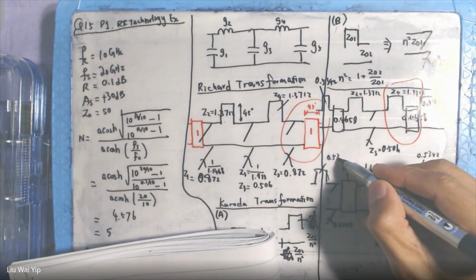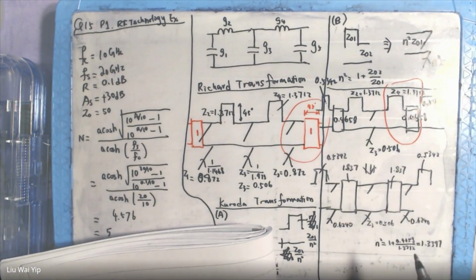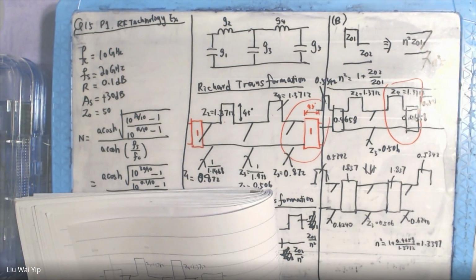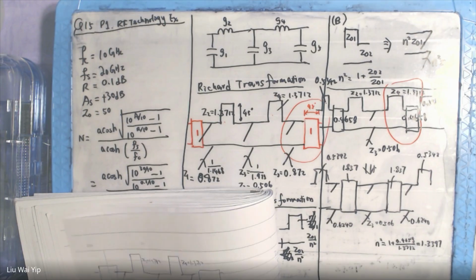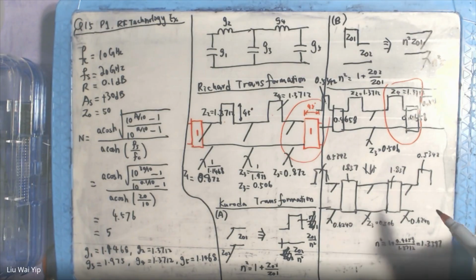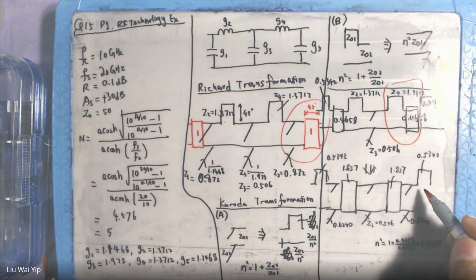So what can you do now? You still have to resolve this. You still need to eliminate this short circuit stub. One way you can do is add one more line section with 50 ohm without changing the behavior of the circuit.